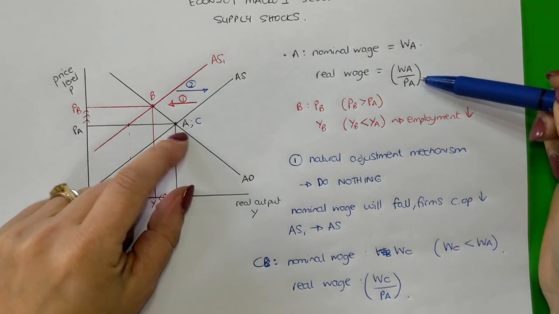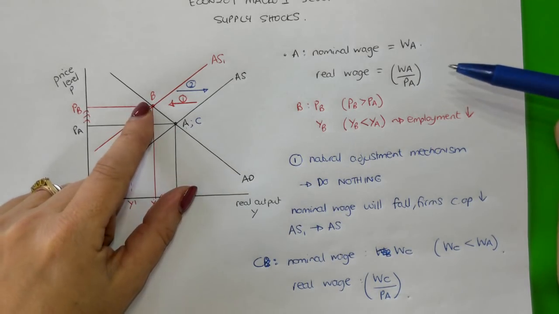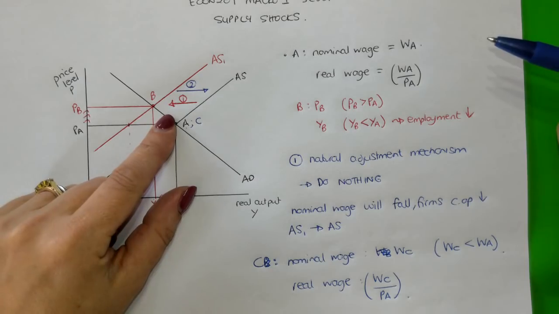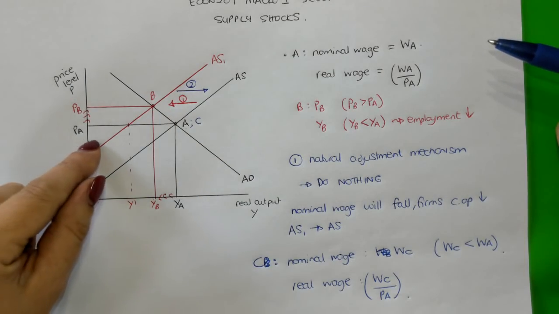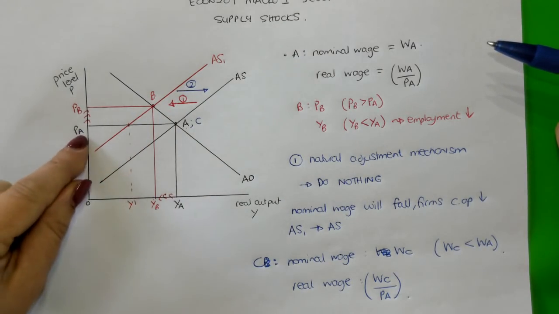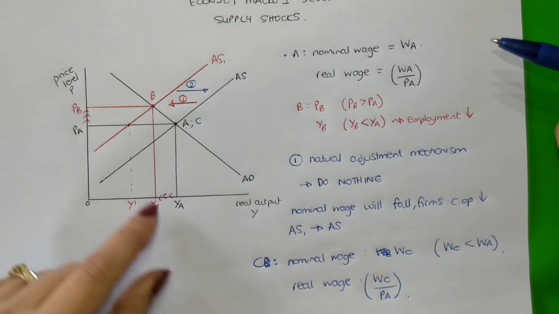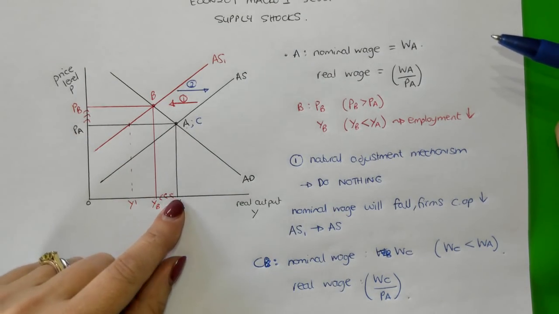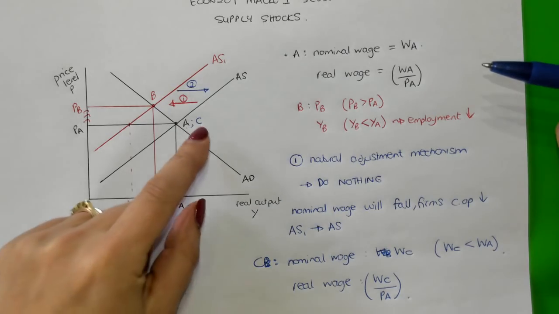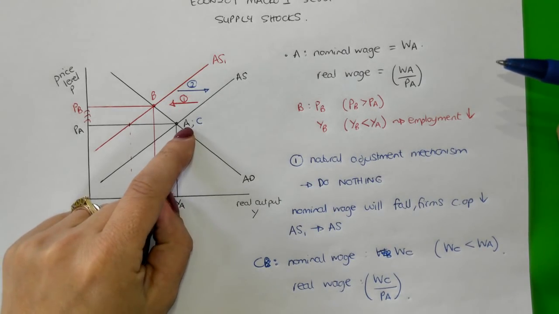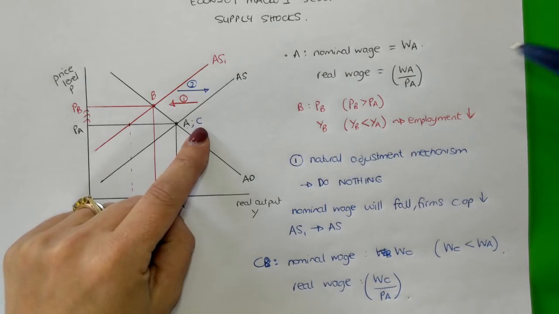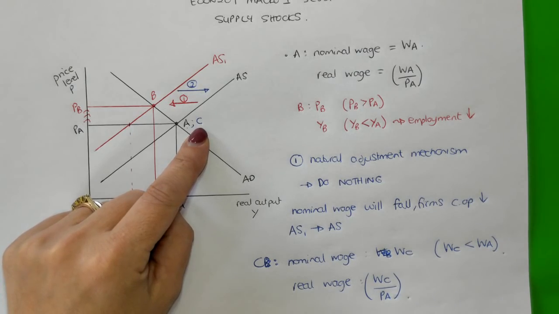Once the supply shock has happened and the economy has followed a natural adjustment mechanism which has ensured that prices move back down to their original level and output increases back up to its original level, there is still a difference in the equilibrium at A versus the new equilibrium, if you want to call it that, at C. And the big difference is in both the nominal wage and the real wage.